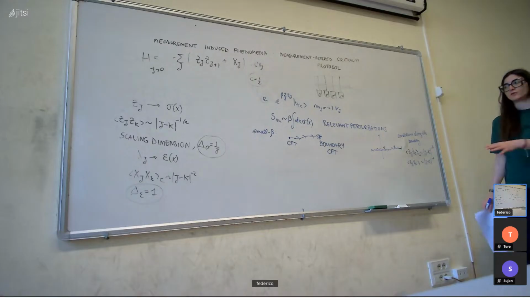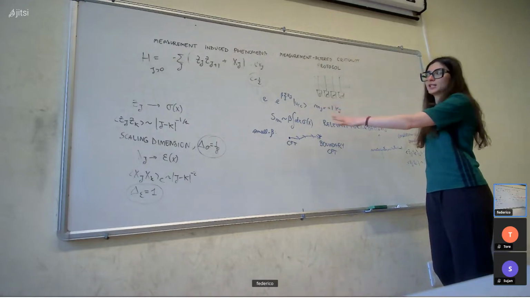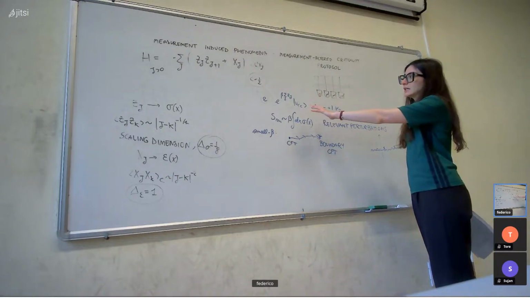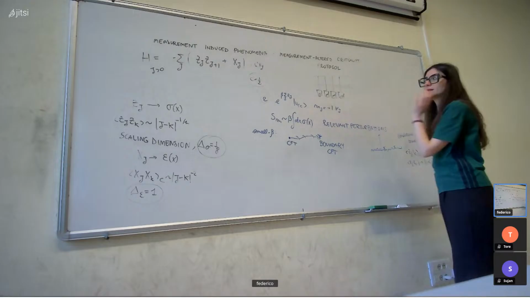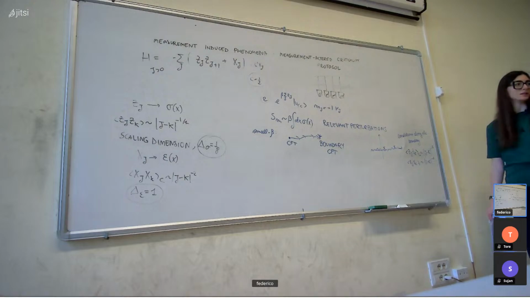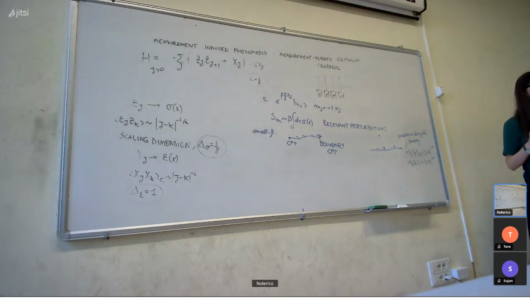Because for instance, if you measure in the x basis, even though it's marginal, if you take a different theory and measure in the x basis, you get different answers depending on these correlators. So I think it's a property of this flow to this specific boundary.